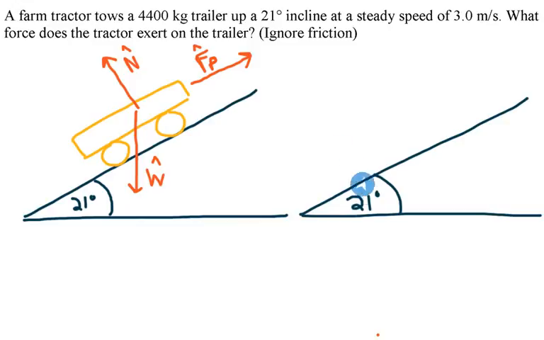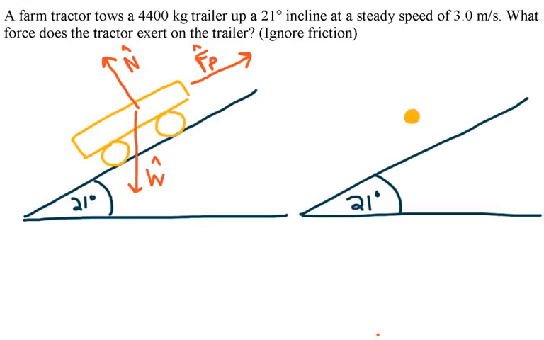Now the reason that I drew two roads is to help us draw the free body diagram. If you remember from the previous lessons, what we do to draw the free body diagram is we replace the object with a single point particle. So let's draw our point particle, and then we'll sketch all of our forces acting from this one single point.